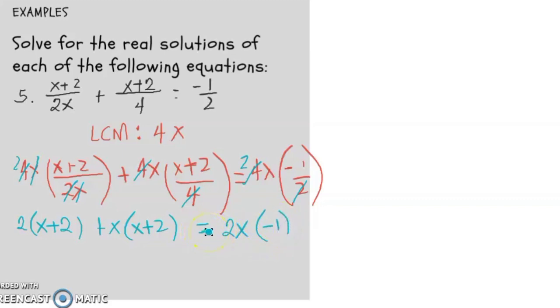Okay. Simplify it. So, i-distribute lang to. We have 2x plus 2 times 2 is 4 plus x times x is x squared. X times 2 positive 2x is equal to 2x times negative 1 is negative 2.